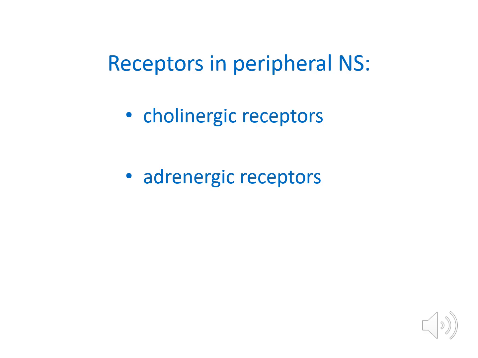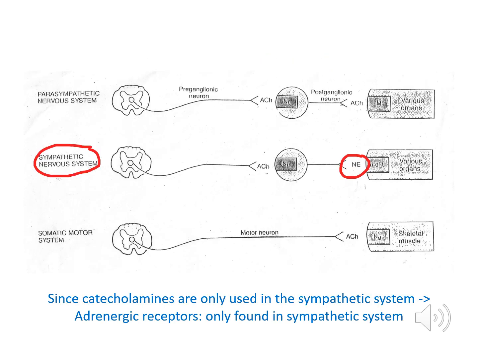So the adrenergic receptors bind epinephrine and norepinephrine. If we go back to our little picture, now we know that we have cholinergic receptors at 4 of these 5 synapses, and we only have adrenergics in the sympathetic nervous system, right? Because the catecholamines, epinephrine and norepinephrine, are only used in the sympathetic system, so the receptors that bind epinephrine and norepinephrine are only found in the sympathetic system.